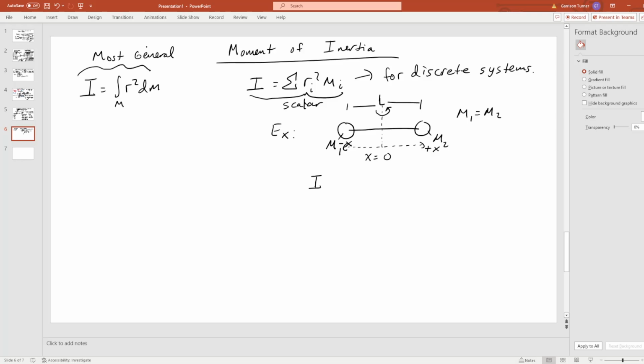And so my moment of inertia is going to be the sum of x_i squared times m_i. For m1, the vector associated with m1 is r1, which is right here, and my vector for r2 is right here.